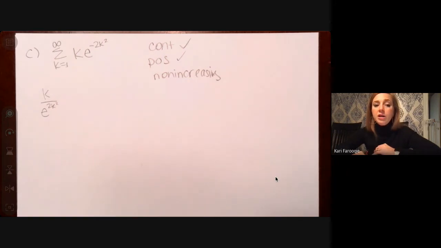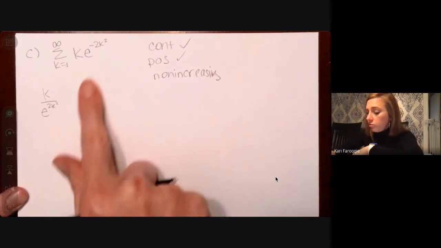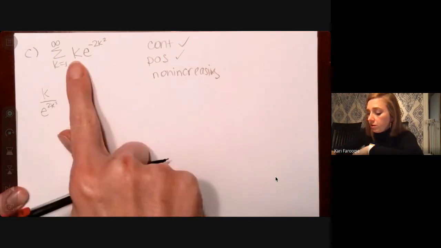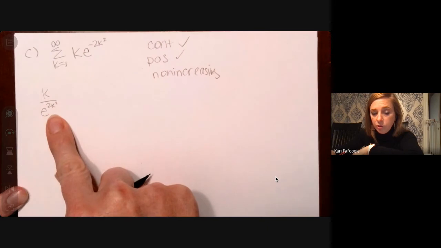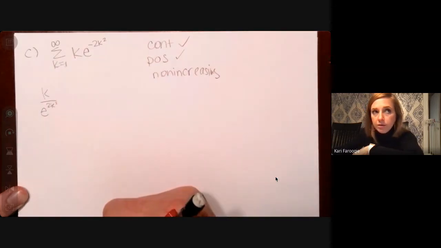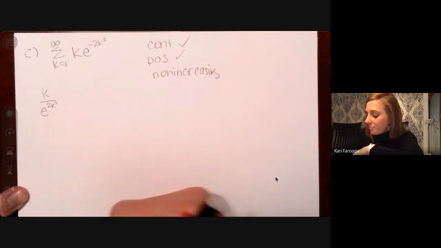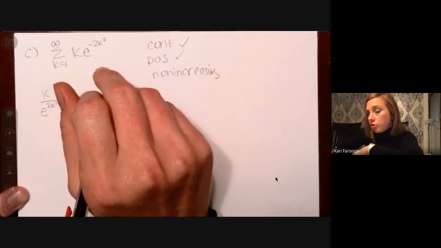Okay, so it's the non-increasing that you need to worry about, because if I were to take my series, which I wrote here as a ratio, keep k in the numerator, and move that e to the 2k squared into the denominator so I could have a positive exponent. Let's say we were trying to show that we had decreasing terms here. So we would want to show that the k minus 1th term was smaller.